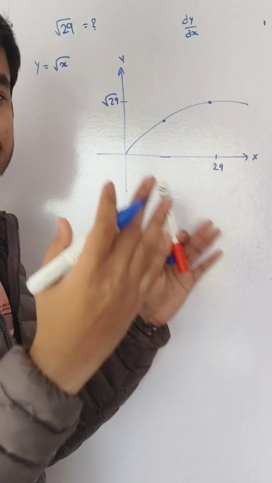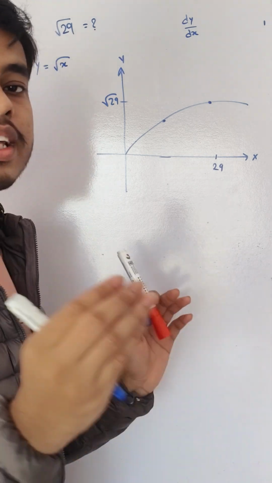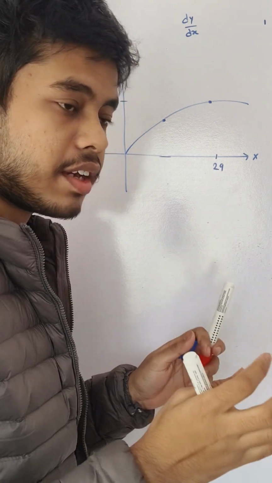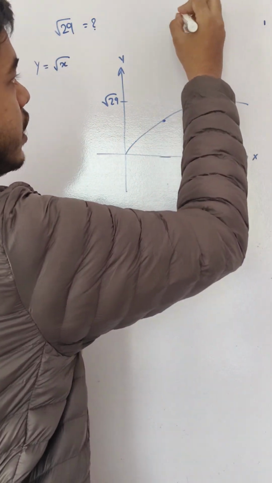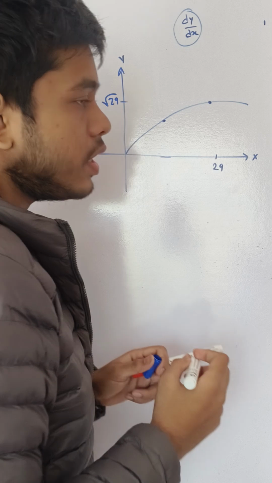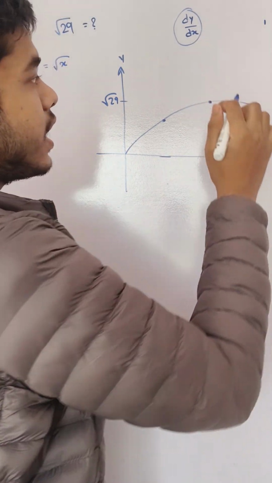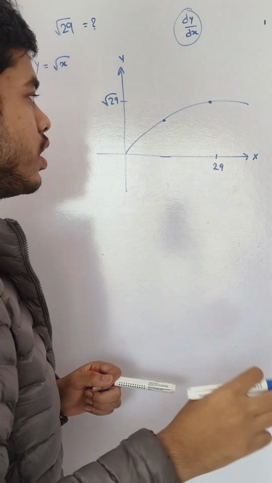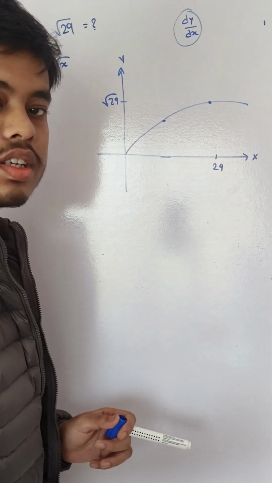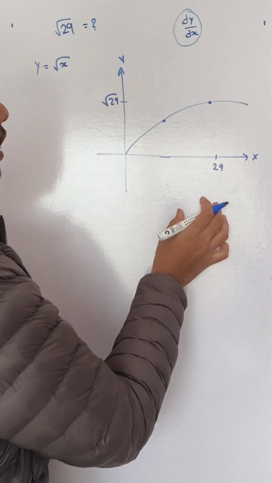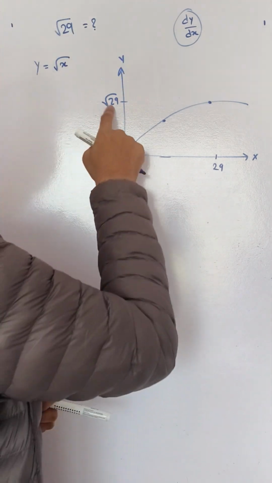The approximation is very good when you take the closest value, because dy by dx is the ratio when x tends to 0. So this approximation works when we take any value that is very close to root over 29.